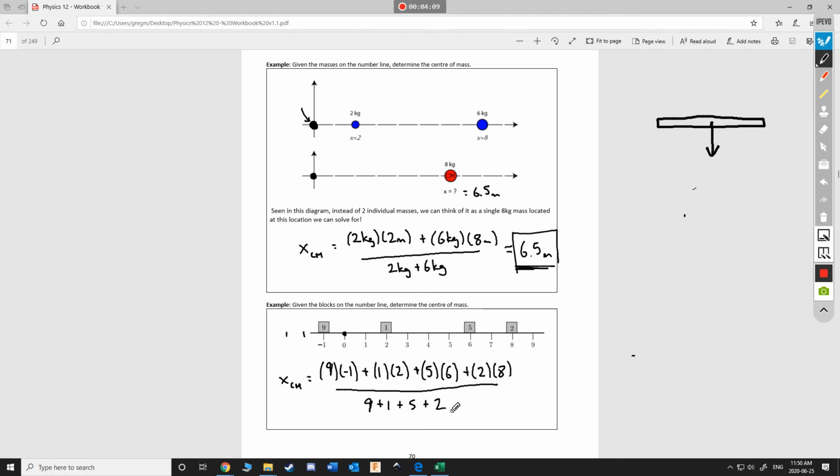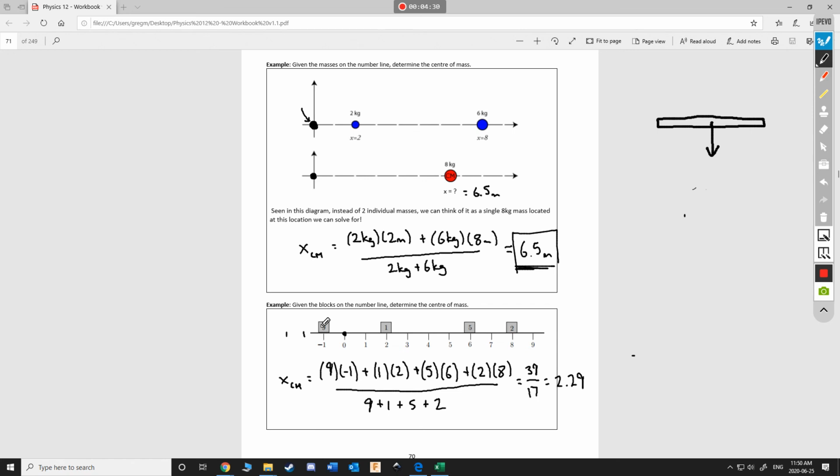We got 39 on top. And on the bottom we have 9 plus 1 plus 5 plus 2, so that's going to be 17. If we take 39 divided by 17, it's going to tell us the location of our center of mass: 2.29.